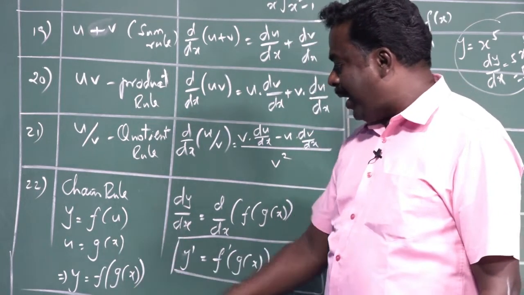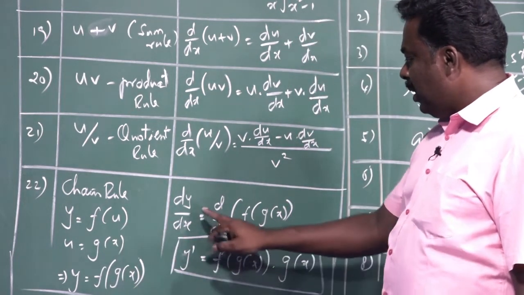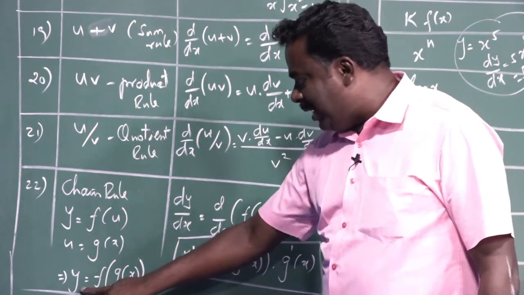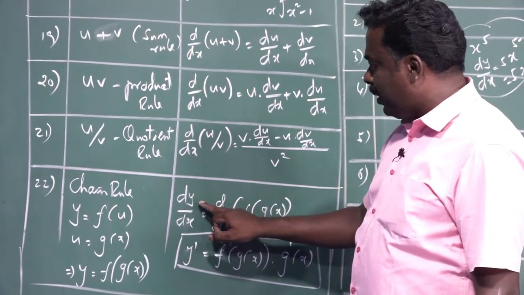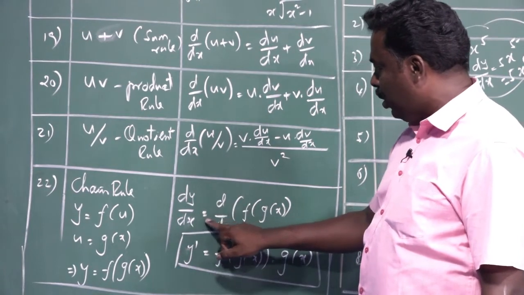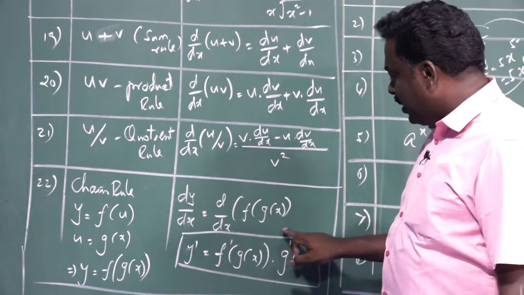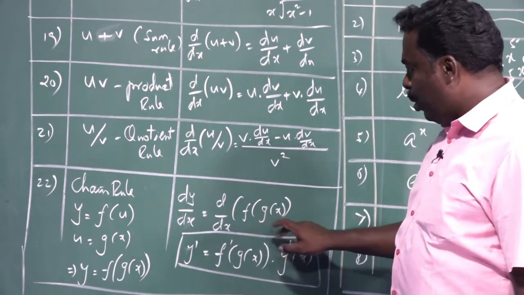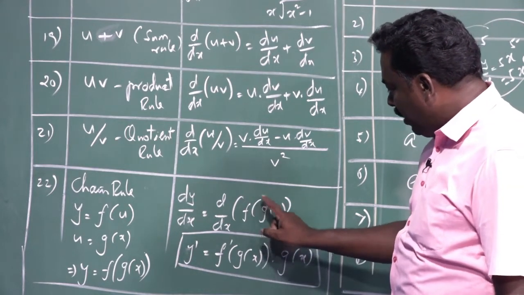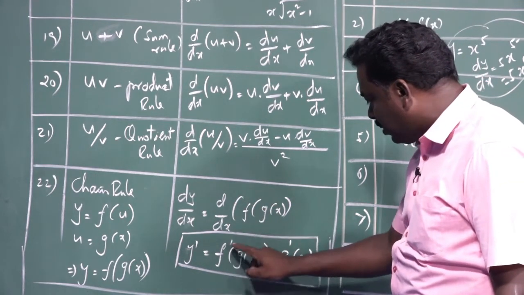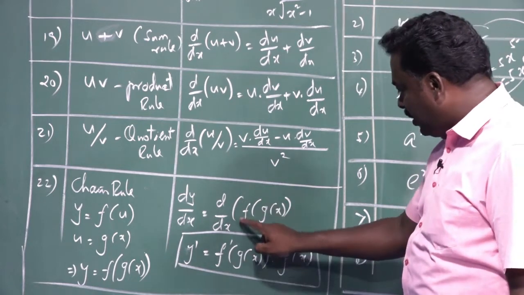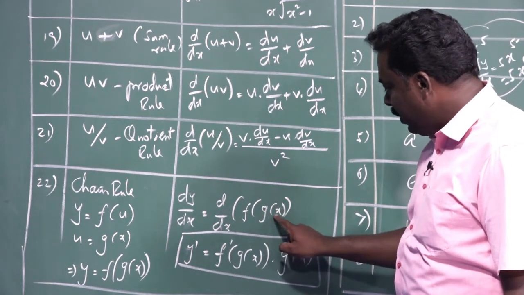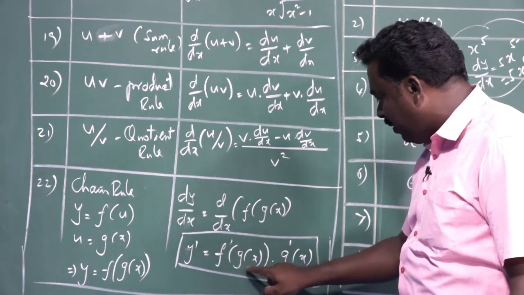Now differentiate this y function with respect to x, dy by dx. Because y is a function, differentiating with respect to x, we can write dy by dx equal to d by dx of f of g of x. First we differentiate the outer function, and its derivative becomes f dash of g of x.